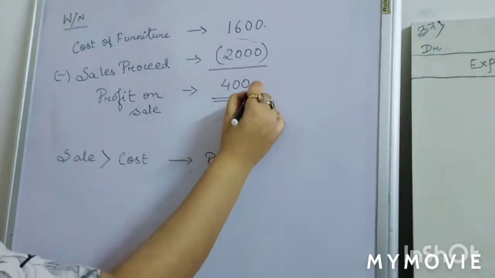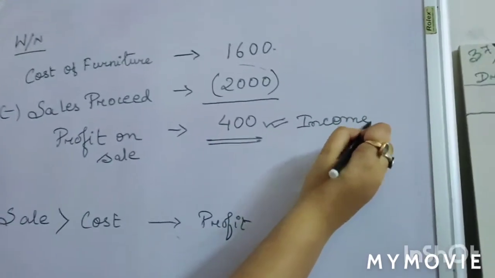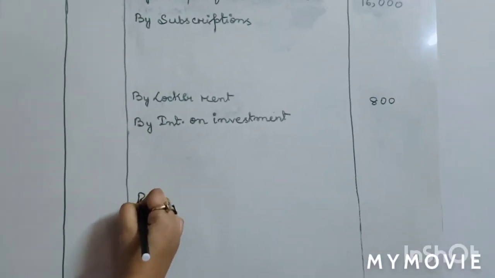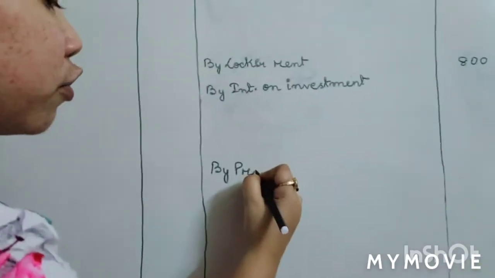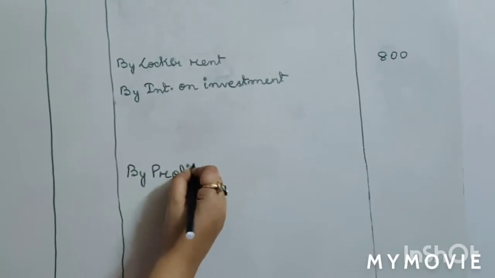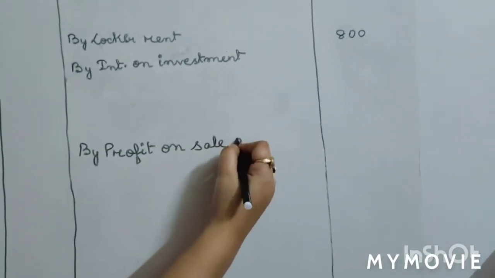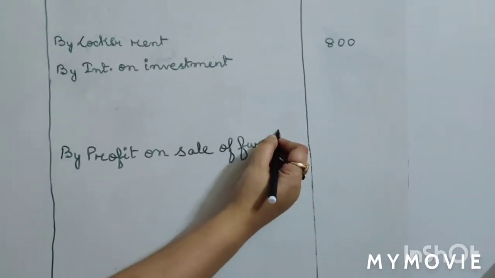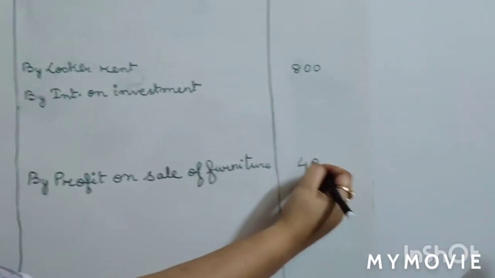Then whenever it is a profit, that means it is an income for the company. Since it is an income for the company, so it should be recorded in the income side. So we will record to profit on sale of furniture 400.